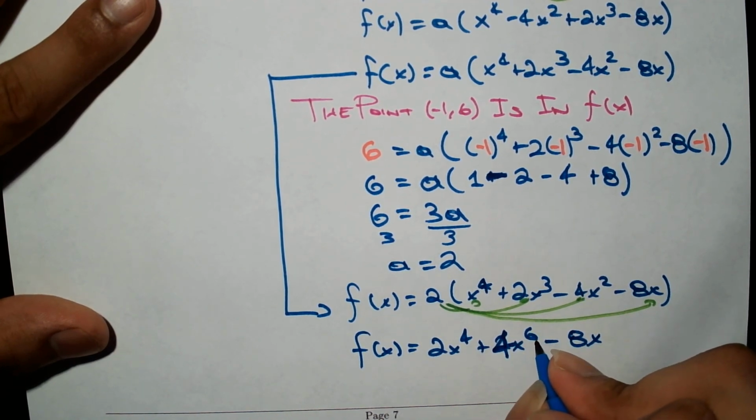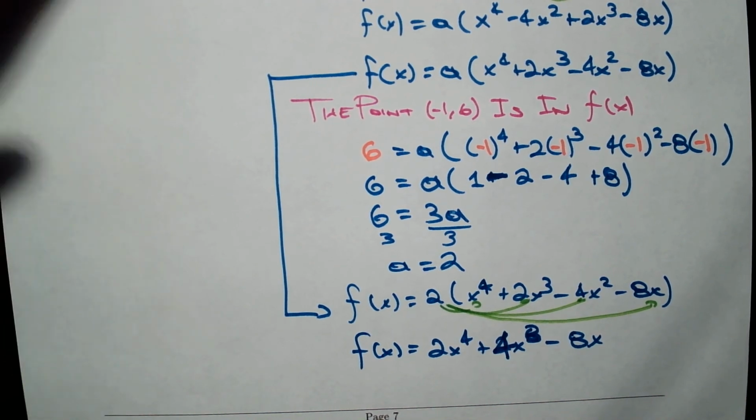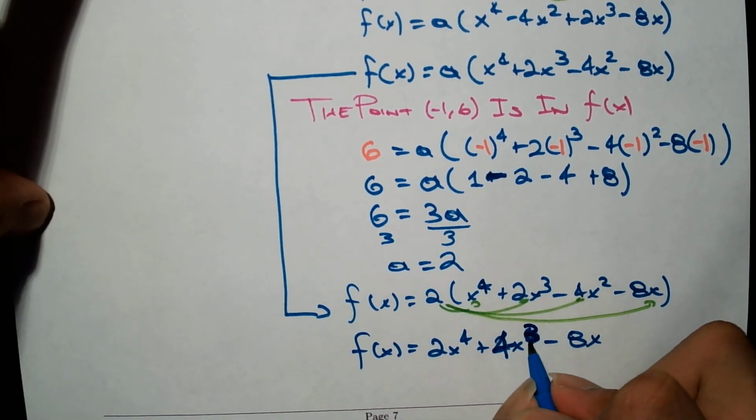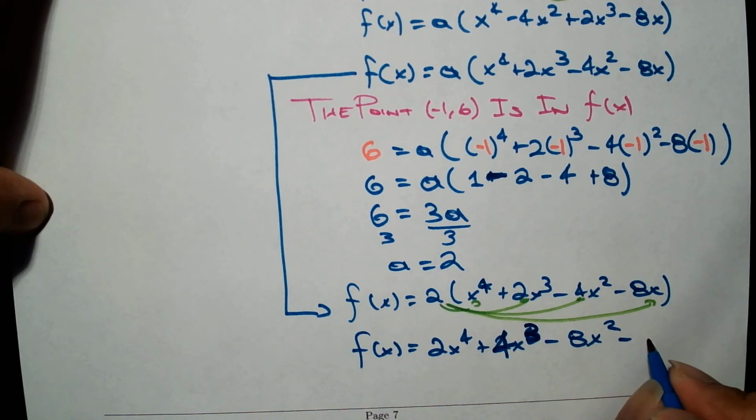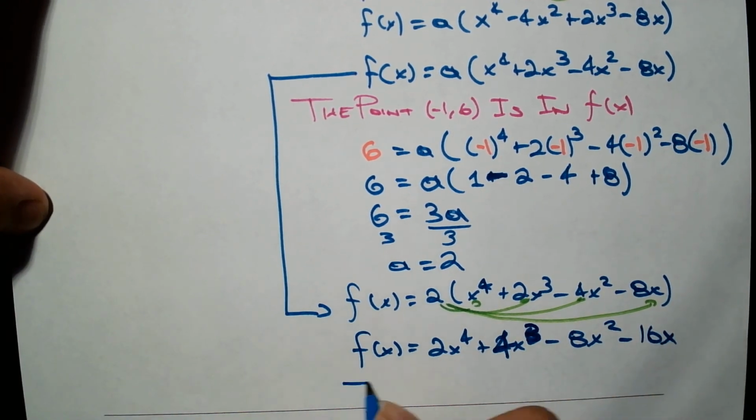Wait a minute, what am I doing? I was multiplying the powers, so that's a 3 instead. Never mind. Okay, this is a 3, not a 6. 8x squared and negative 16x.